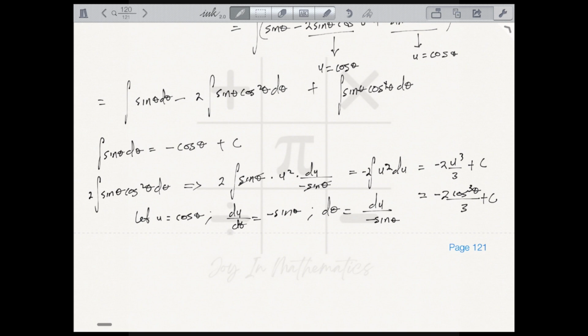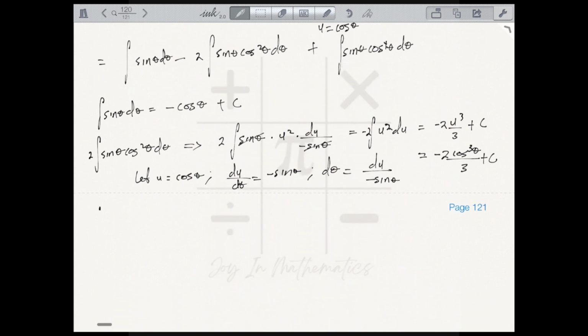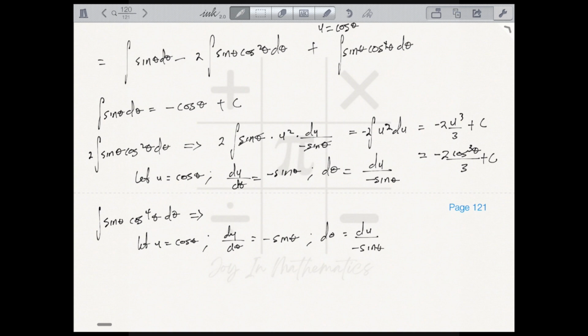And finally, let's integrate sin theta cos 4 theta with respect to theta. Now in this case, we also say let u be equal to cos theta, such that du d theta, like we did earlier, is equal to minus sin theta, and d theta is equal to du divided by minus sin theta. So with that done, this becomes the integral of sin theta, cos theta has already changed to u, as u raised to power 4, and d theta is equal to du divided by minus sin theta.